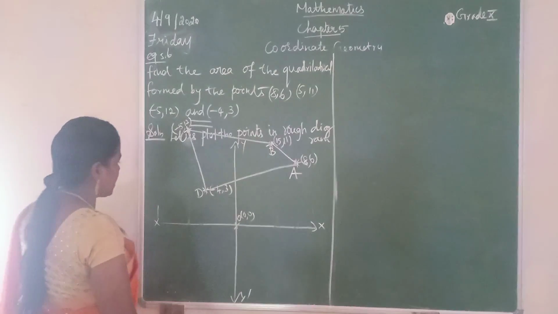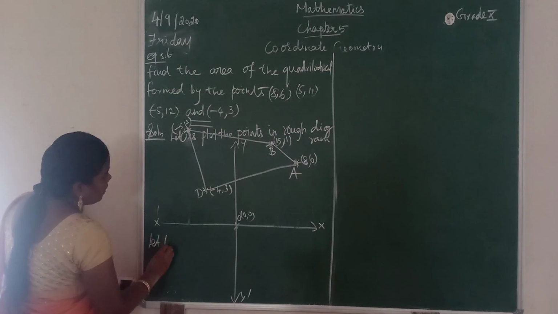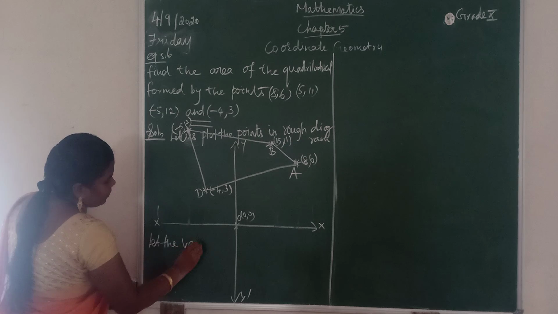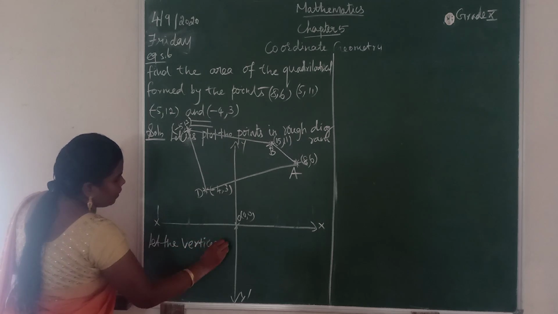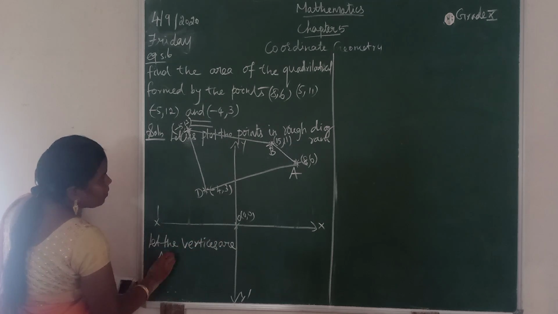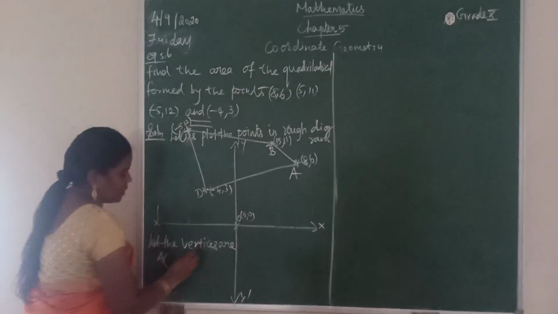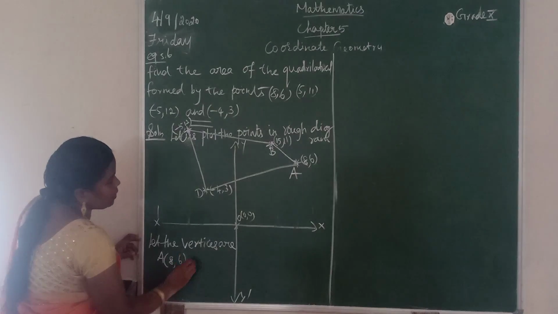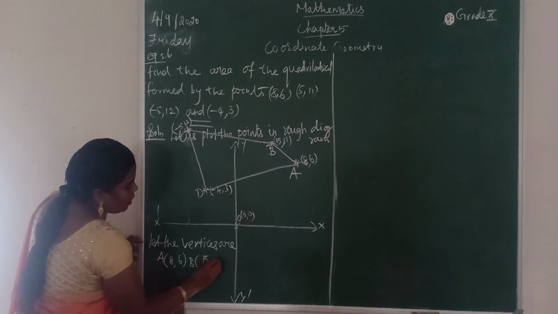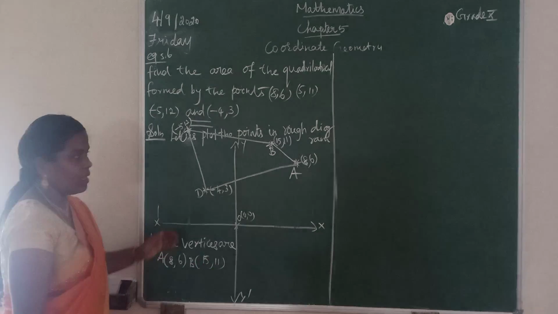Let the vertices be A(8, 6), B(5, 11), C(-5, 12) and D(-4, 3). Carefully write the coordinates.